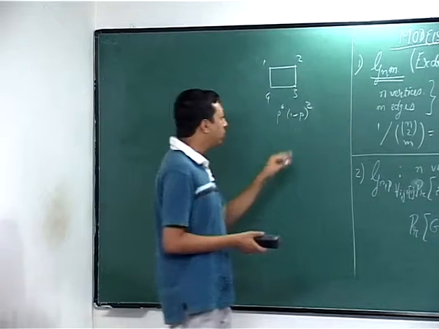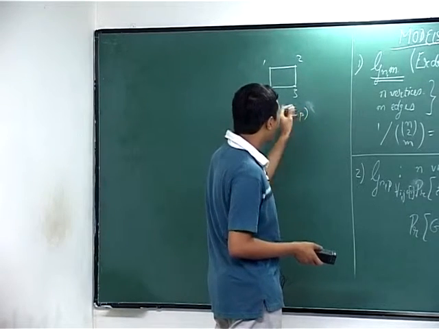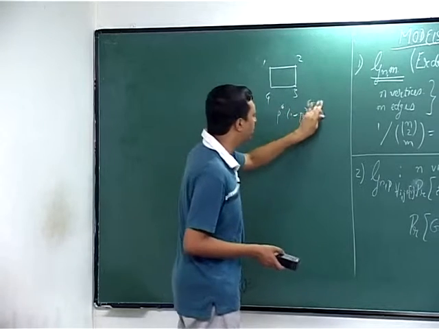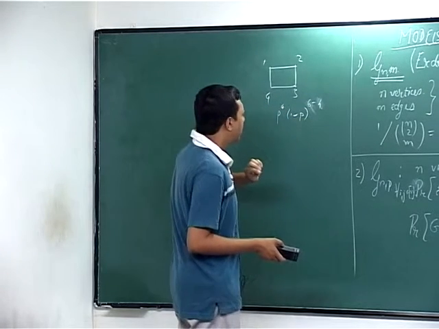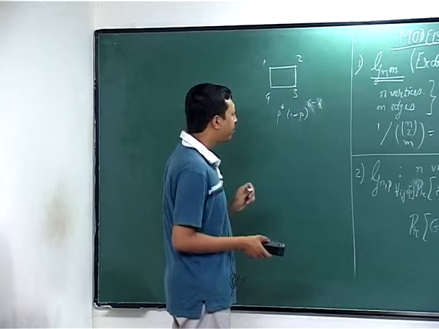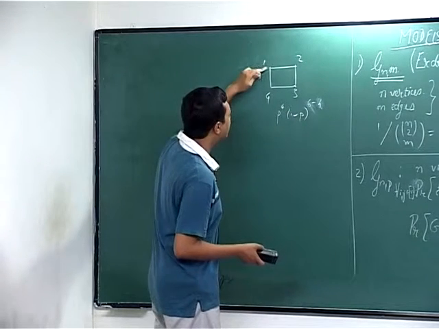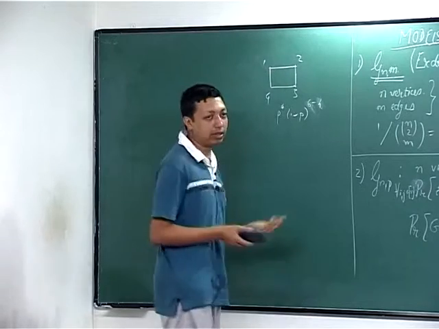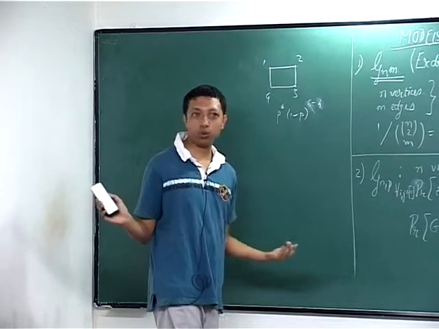So this 2 is 6 minus 4. The idea is that these 4 edges are exactly the ones which appear, and these 2 edges are exactly the ones which don't appear.